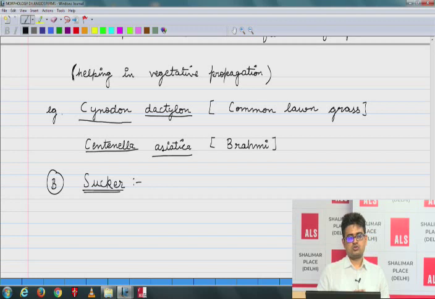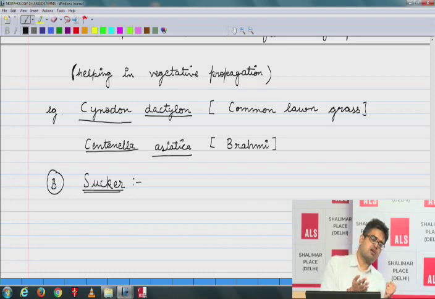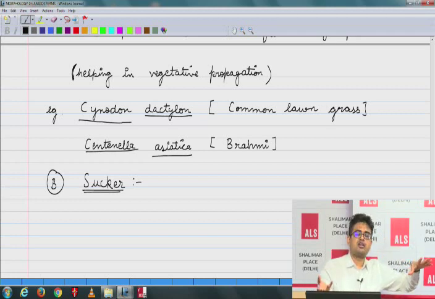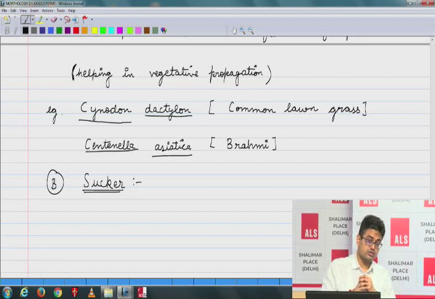Okay, so the structure is something like this. It's a part of stem. It does not have the roots, and when you cut one plant and then put it in wet soil and let it grow somewhere else, it will suddenly develop roots because it has a lot of stored food in the stem, the sucker, and then it can grow independently.